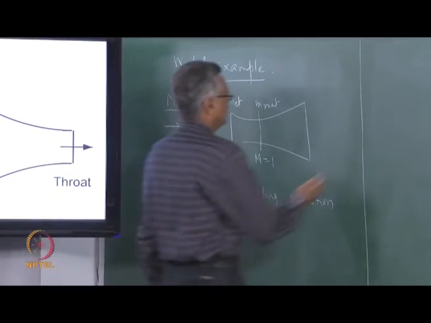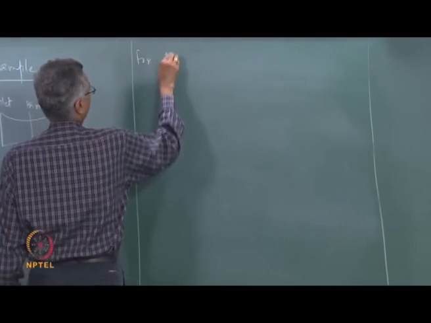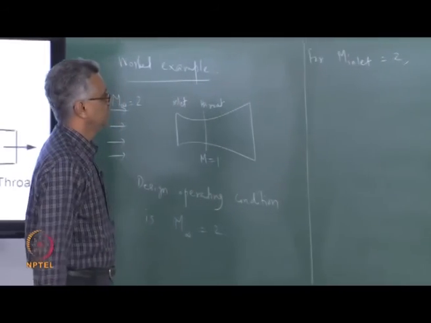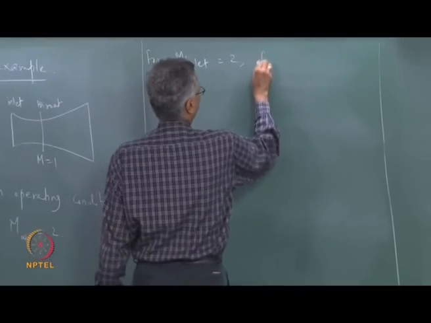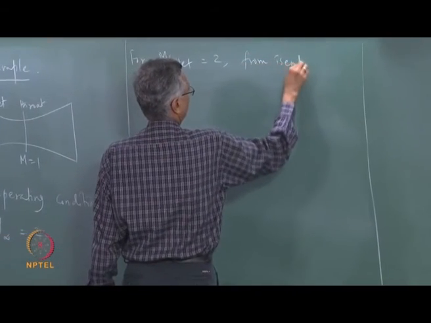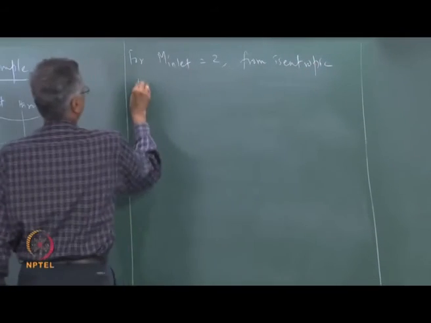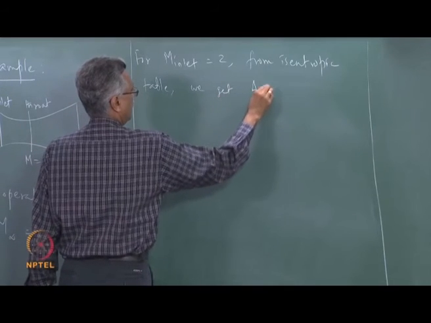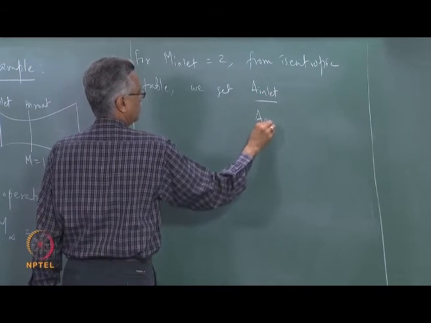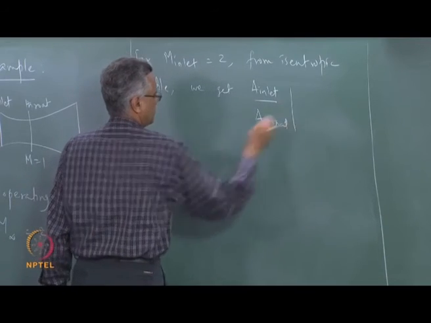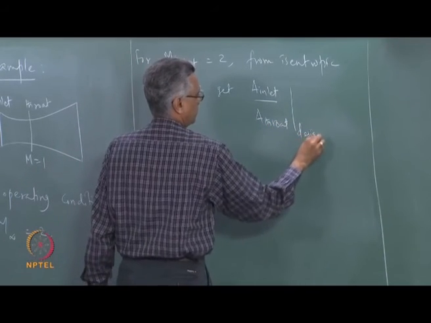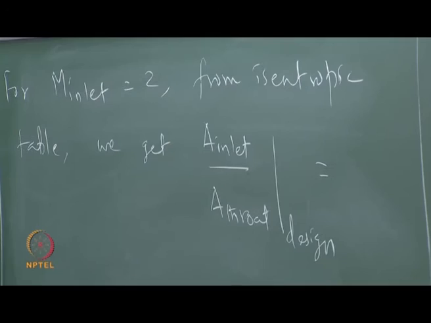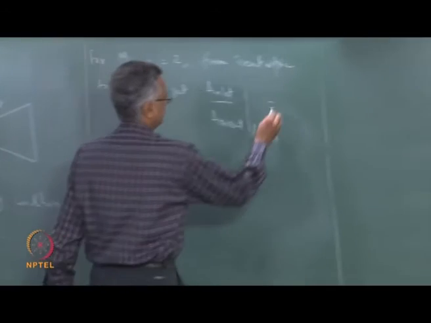So under design operating condition, when the inlet Mach number is equal to 2, from isentropic table, we get A inlet over A throat design is equal to 1.6875.